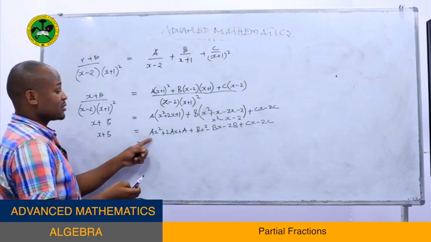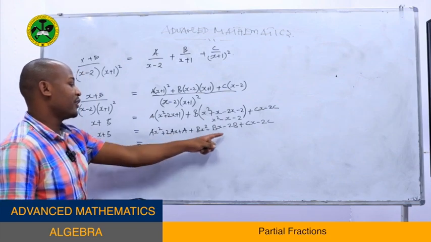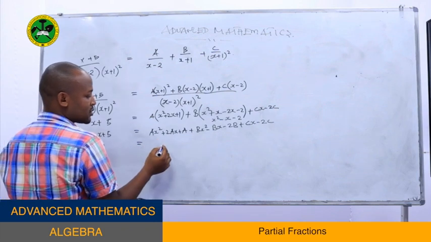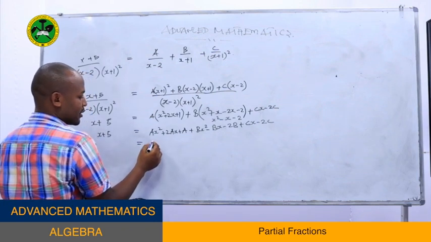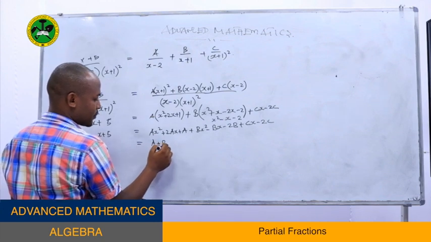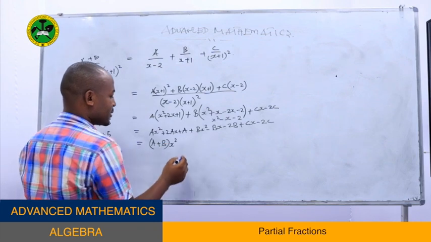That means collecting like terms: the coefficients of x squared are to be collected, then the coefficient of x, and then the constants. The coefficients of x squared: we have a plus b, and all of these are x squared.